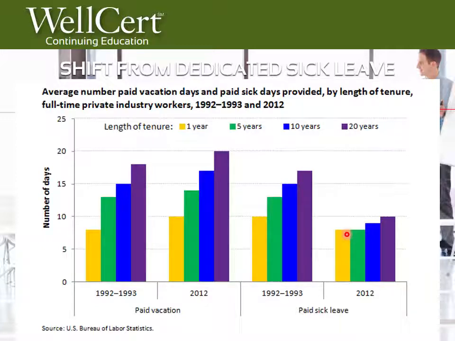And that move to include vacation days we can see building here in the paid vacation, where it's diminishing on the sick leave side. So part of that, I believe, is the change in the structural way that they're looking at paid sick leave days versus vacation days. So there's obviously something going on with private industry workers and less of an influence.